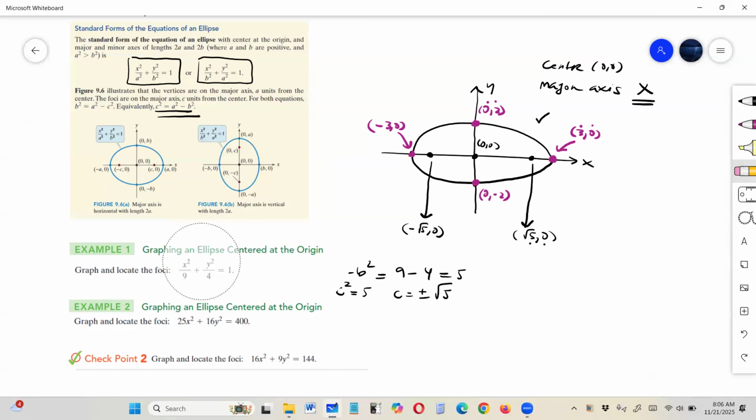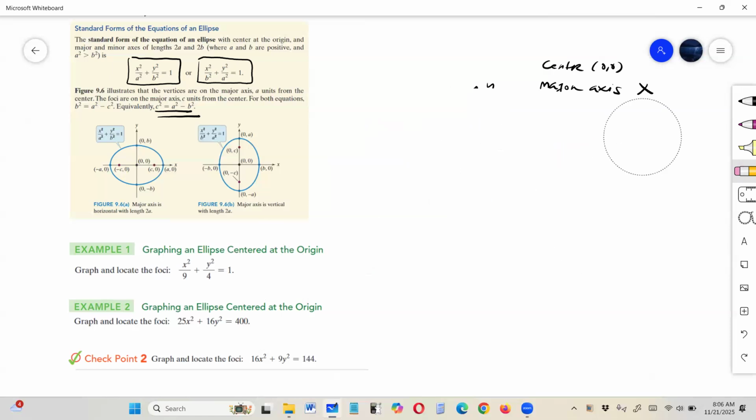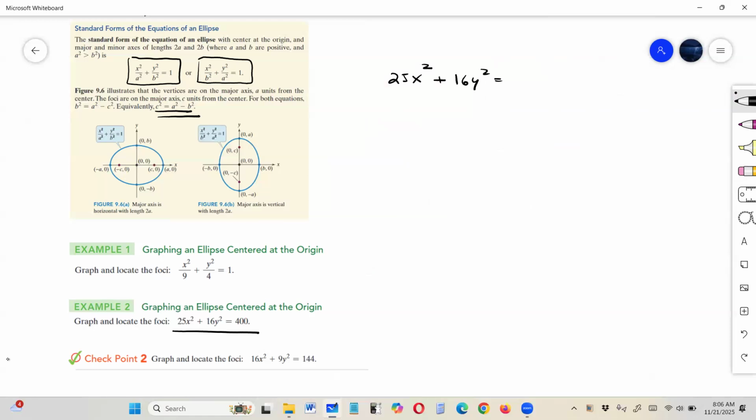Now, in the second example, we have an equation that is not in standard form. So this is the type of equation or problem that you're going to see on the exam. Something that is not already in standard form, and you're supposed to put it in standard form.